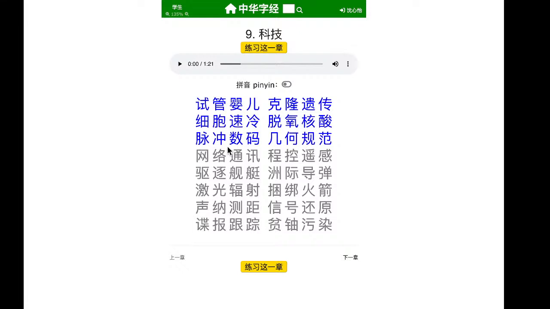It's a periodical dive and rise. That's called 脉冲. Like radio waves, sound waves, they move like that. It's really because in the universe, many things actually go around in circles.